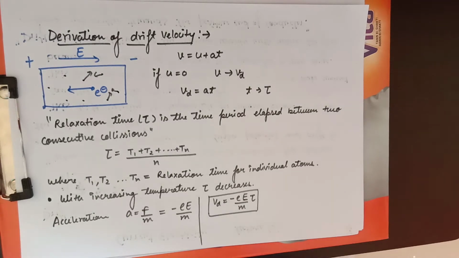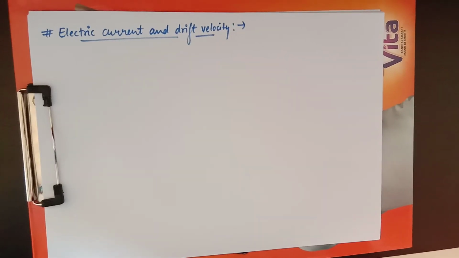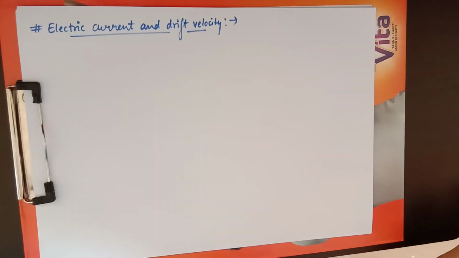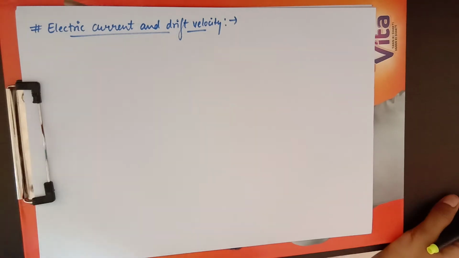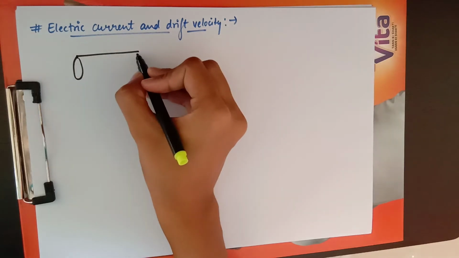Now we will find a relation between electric current and drift velocity. Next topic is electric current and drift velocity. In this topic we will first understand the relation between electric current and drift velocity and derive the relation between these two. So suppose we have a conductor like this.